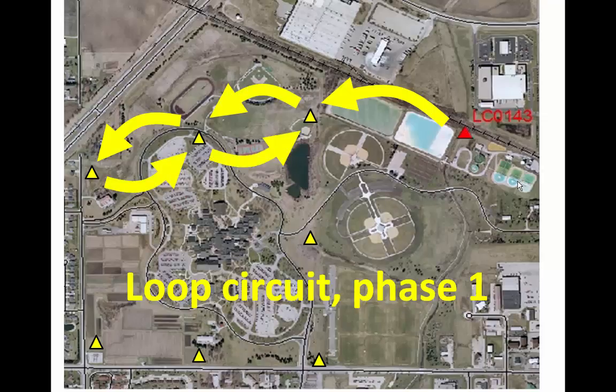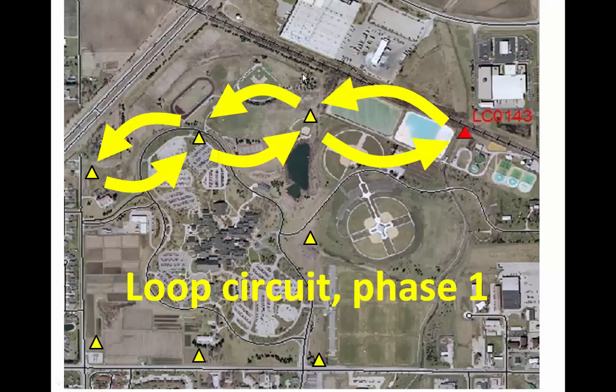Across each benchmark, we turned, or we can say we used each benchmark as a turning point. There were additional turning points between the benchmarks as well. Ultimately, we closed back to LC0143. Now, this loop was only about 3/4 of a mile each direction, so a total of 1.5 miles.